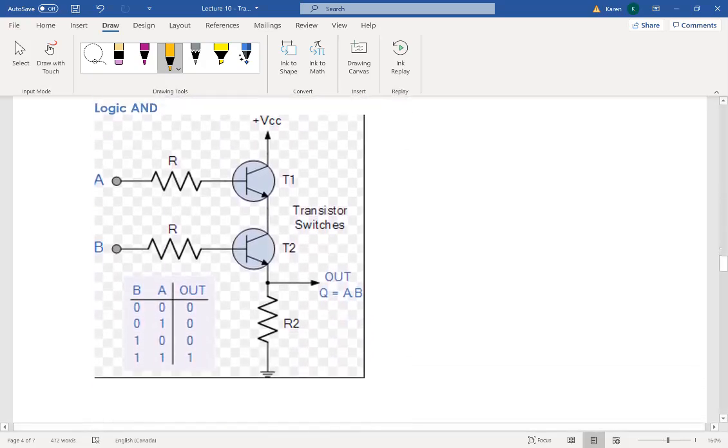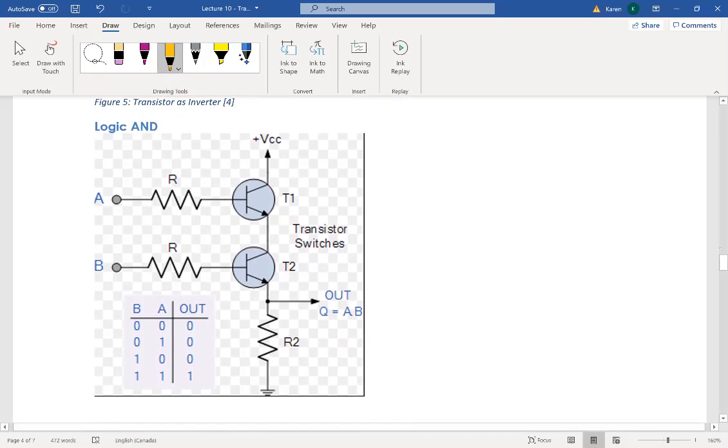Okay, so now the logic AND. You can see if you give this a 1, 1, then it's going to close this and close this, which means that this value of 1 is now going to connect here. However, be careful, this resistor is in a different spot than where we had it before.